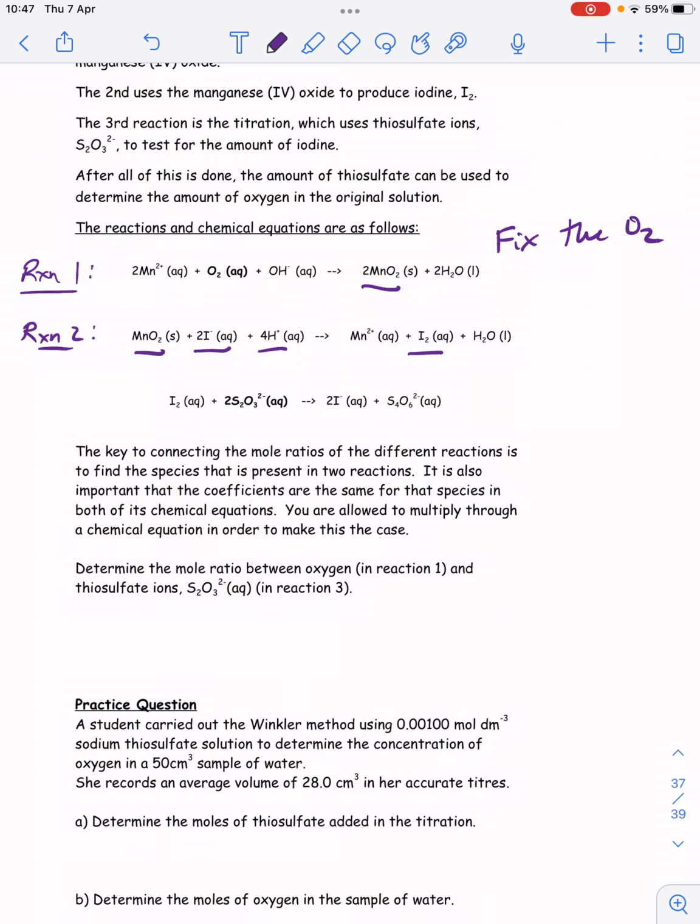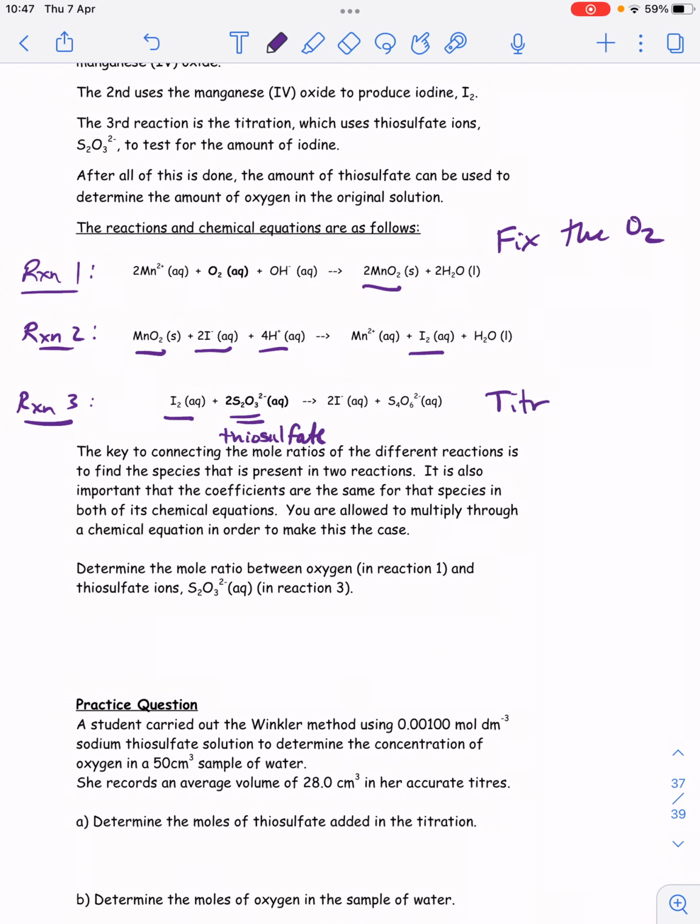The reason is that iodine is fairly easy to titrate for, and it stays dissolved in the solution easily. So in step 3, we react the iodine we made in step 2 with the thiosulfate ion, and it produces iodide ions and another ion that's not really important. But the point is, this last one is the titration.